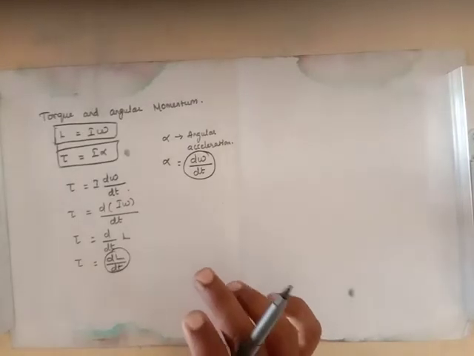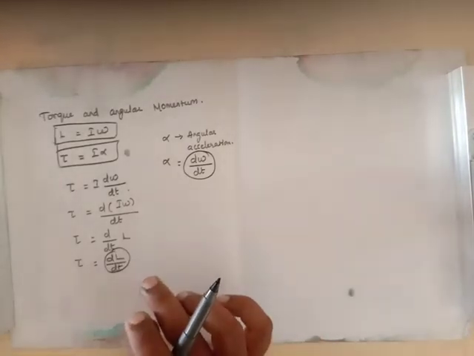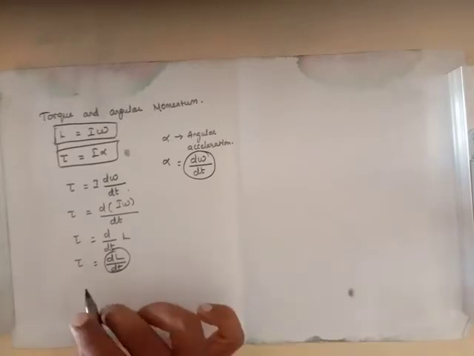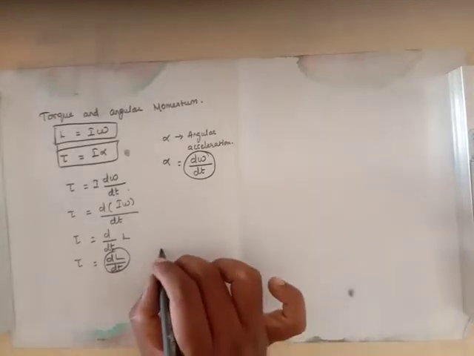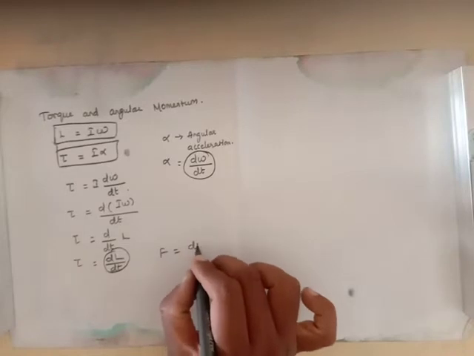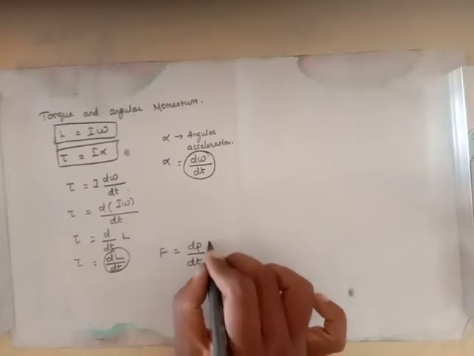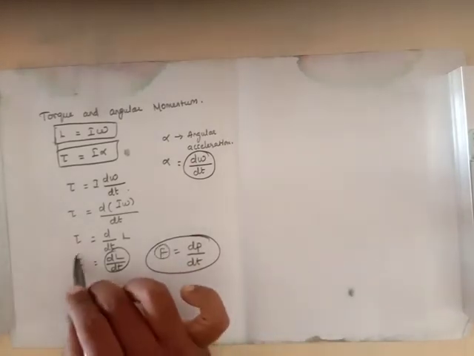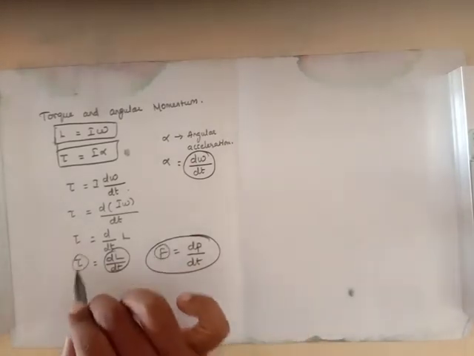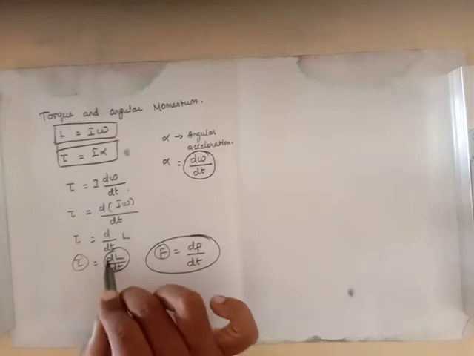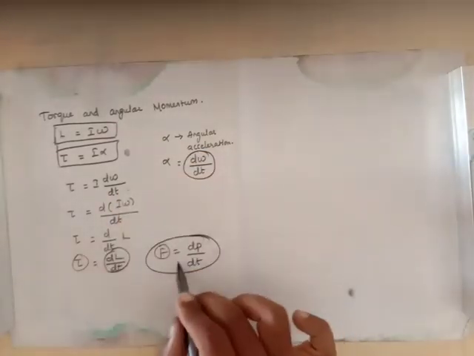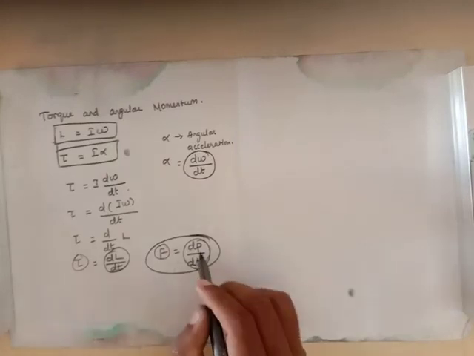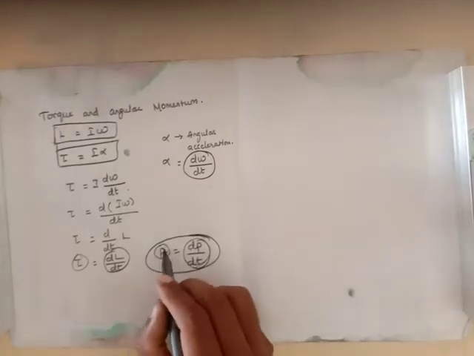So this is Newton's second law in rotational motion. It is in the form of F is equal to dp divided by dt. Here the torque is the external force, and it is equal to the rate of change of angular momentum, just as the rate of change of linear momentum dp divided by dt is equal to force.